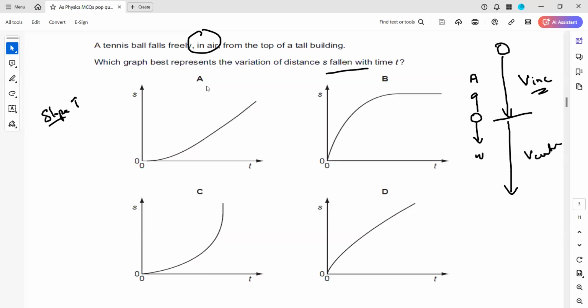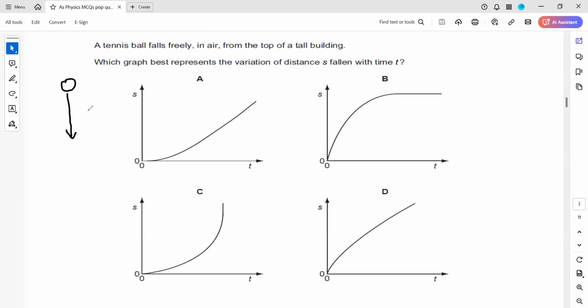So for which graph do we have the first part, increasing speed, meaning the slope is increasing? Why constant? Because when objects are falling in air, as we did, the falling objects initially accelerate and the acceleration will decrease, but the speed will increase.